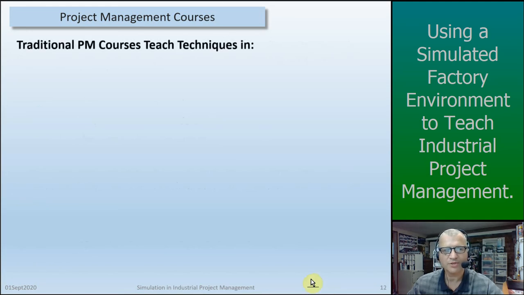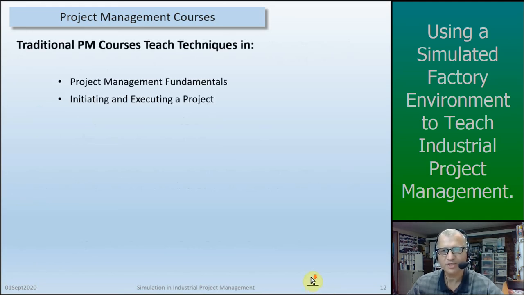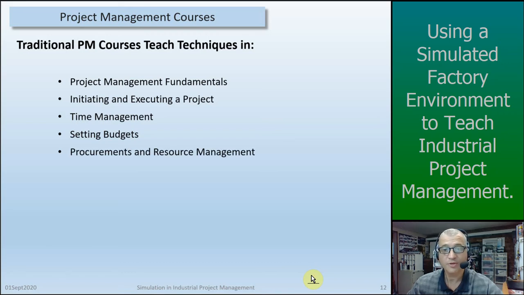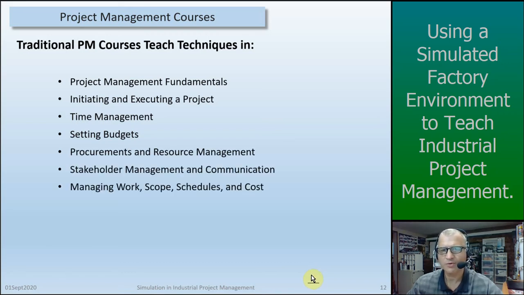If we take a look at traditional project management courses, we teach techniques in project management fundamentals, initiating and executing a project, time management, setting budgets, procurement and resource management, stakeholder management and communication, managing work, scope, stakeholders and costs, risk planning, controls and documentation, and of course how to close out a project.